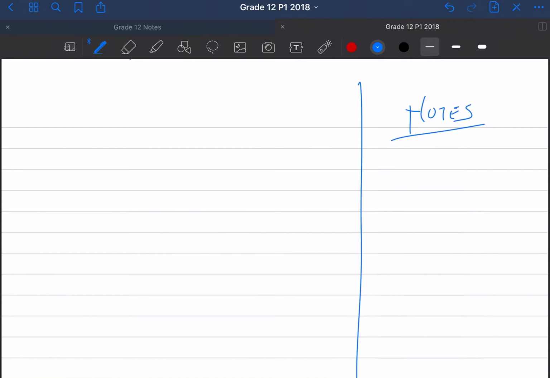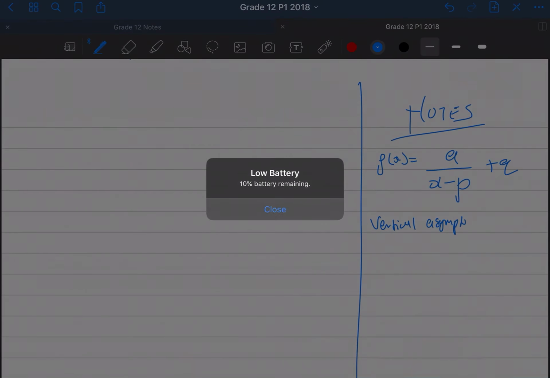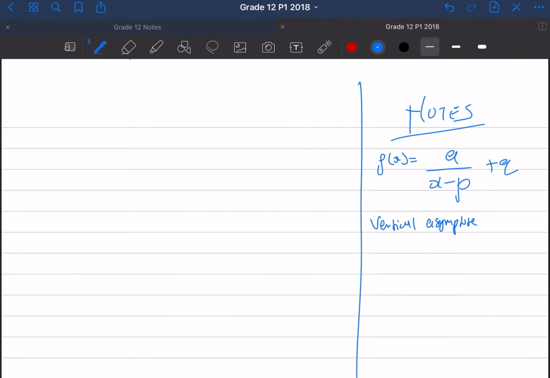So the general rational function is like this: g of x is equal to a over x minus p plus q. The vertical asymptote will be x is equal to p.